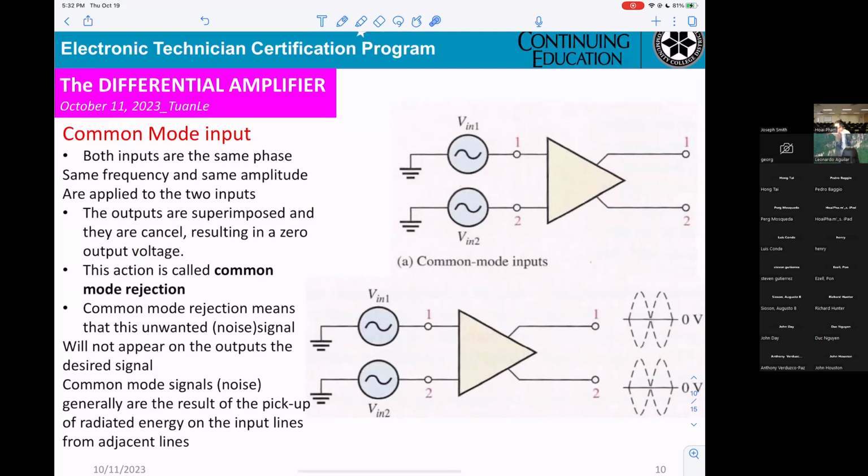This action equals common mode rejection. That means if you look at the back, they see the identical two signals here, they cancel out. That's what they call common mode rejection. Common mode rejection means the unwanted signal, that means the noise signal, will not appear on the output, only the desired signal.